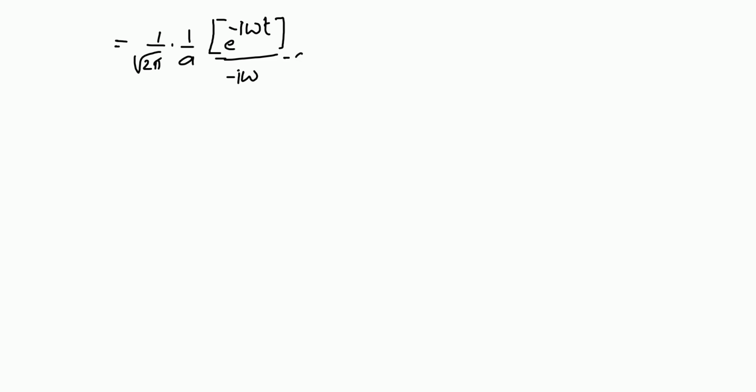The limits are from minus a by 2 to plus a by 2. So this is equal to 1 by root 2 pi; you take the minus to the denominator and you will get i omega a, and putting in the limits, you get e raised to minus i omega a by 2 minus e raised to plus i omega a by 2.